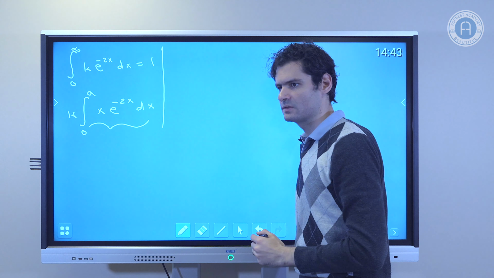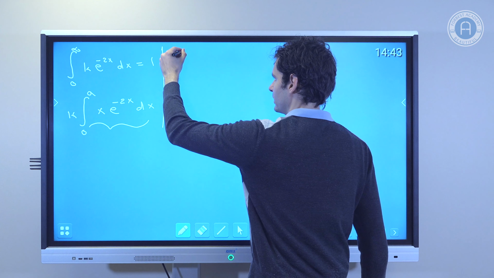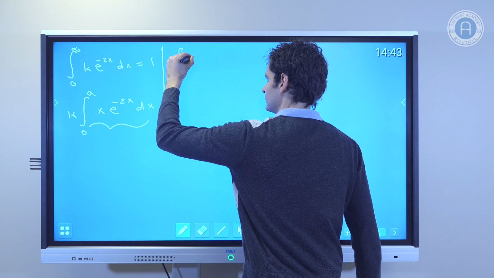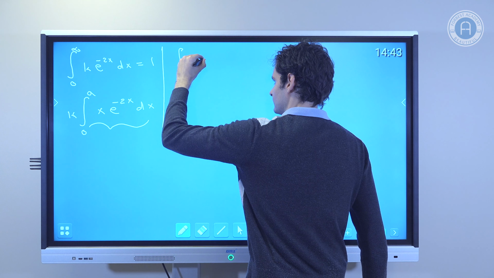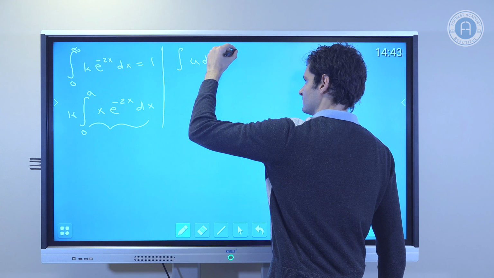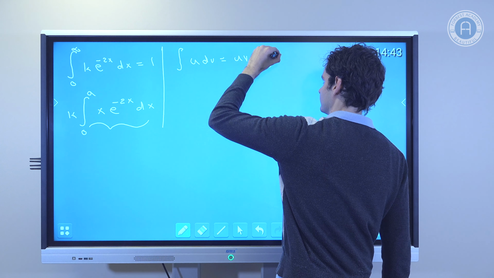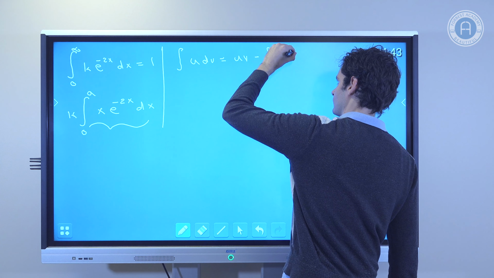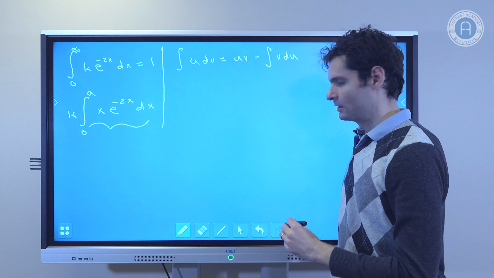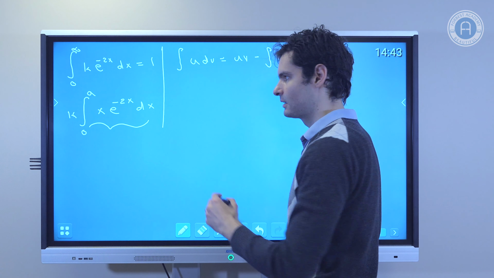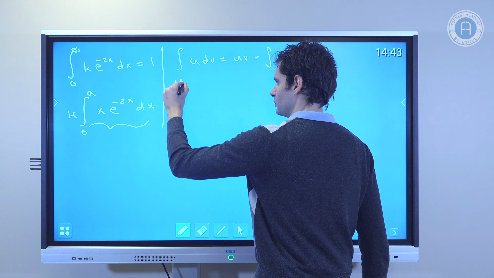So to recap, this is how integration by parts works. In our example, let me pick u to be x.